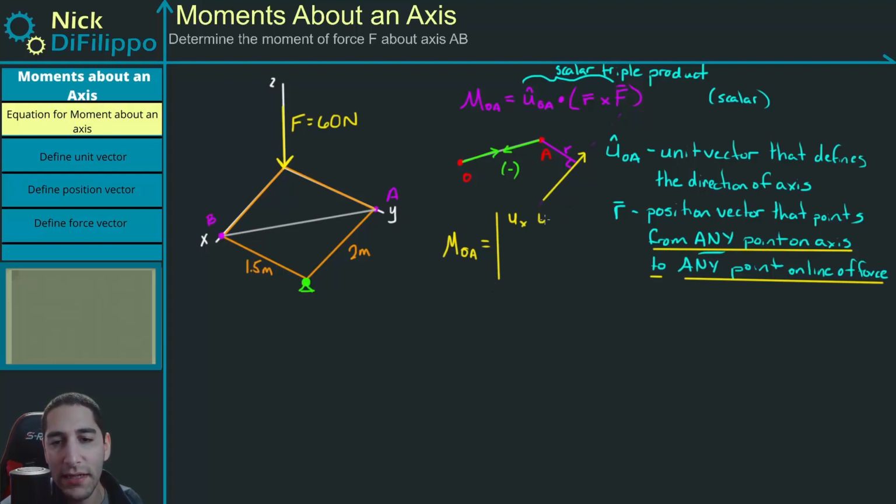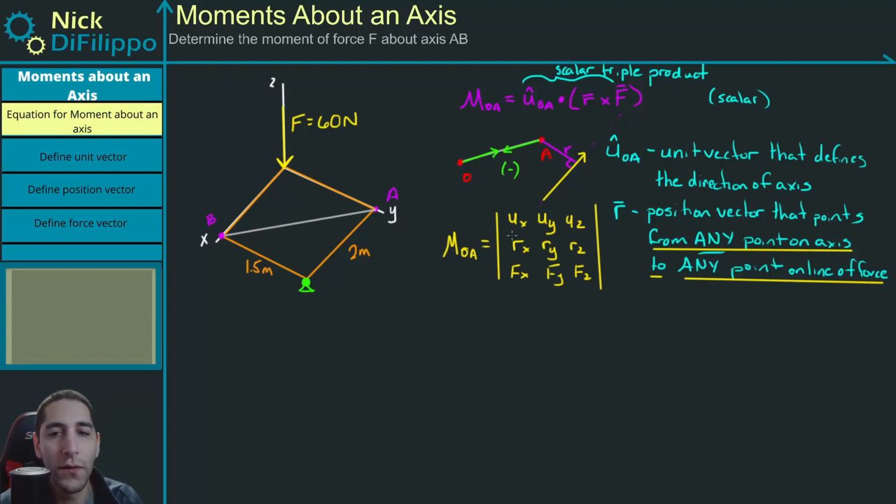So U of X, U of Y, U of Z. Then you're going to have your position vector X, position vector Y, position vector Z, and then your force X, force Y, force Z. You're going to take the determinant and you're going to get a single value.